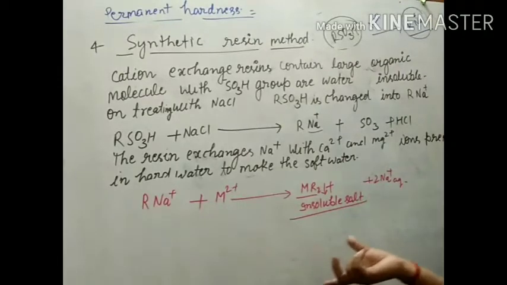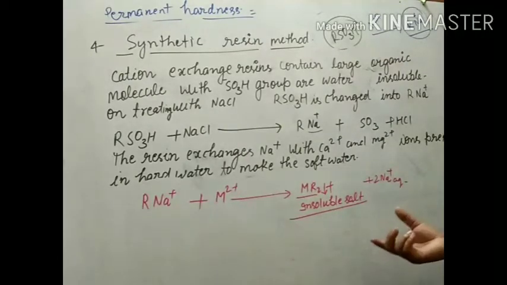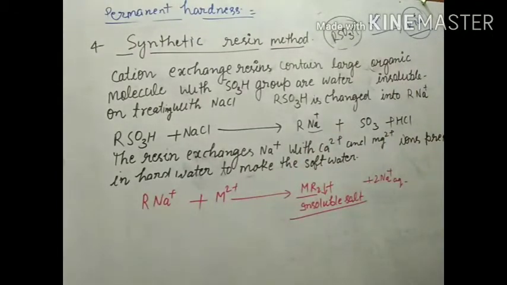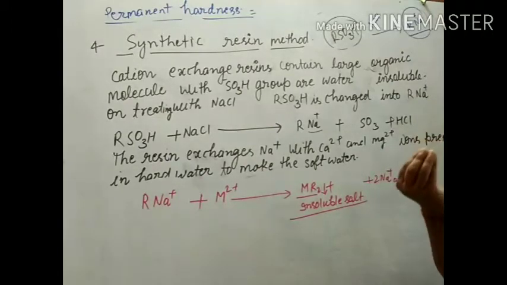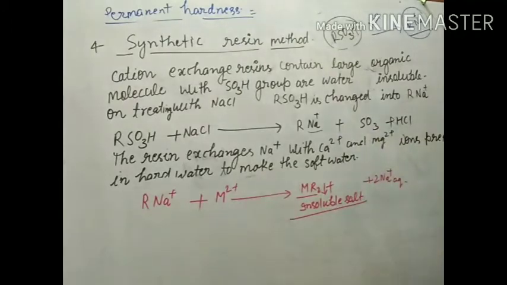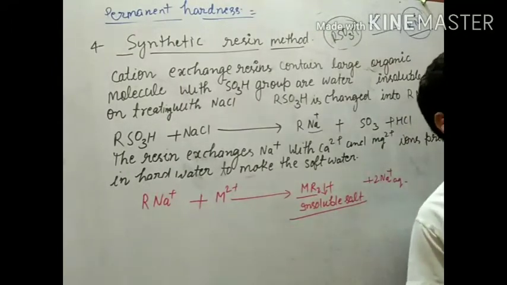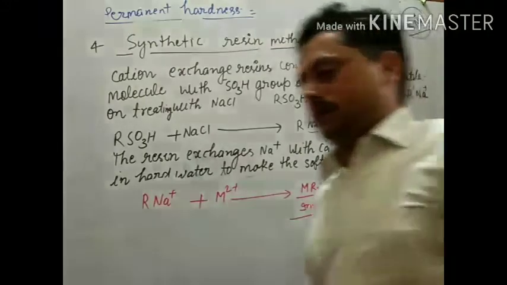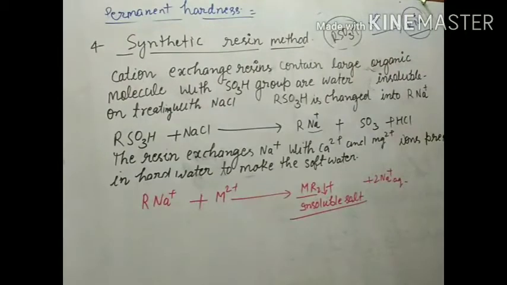The cation exchange resin makes an excess of H plus ions in water, and the anion exchange resin makes OH minus ions in water, and finally the H plus and OH minus ions react with each other and form water. So no ions are present in that water, and that's why we say pure demineralized water.